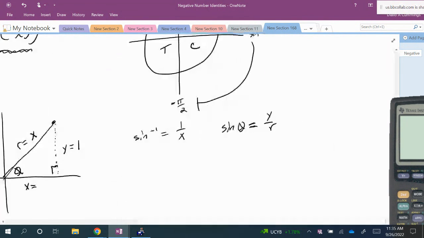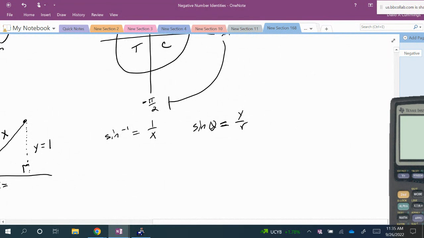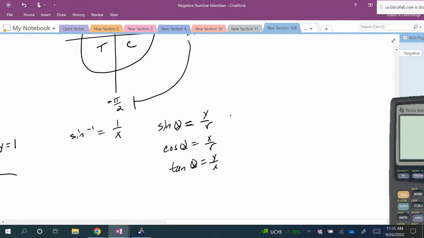Now, also from our 6 trig functions, we had the cosine is x over r, the tangent is y over x. The reciprocal of sine is cosecant, that's r over y. The reciprocal of cosine is secant, that's r over x.